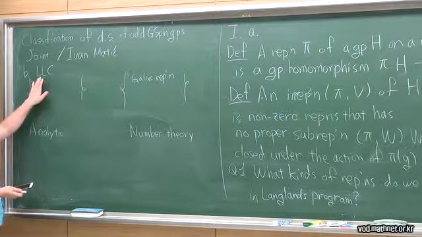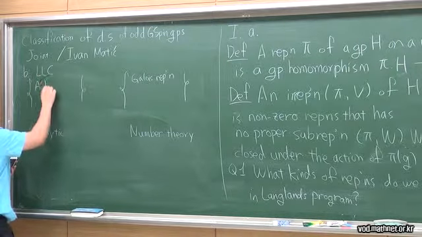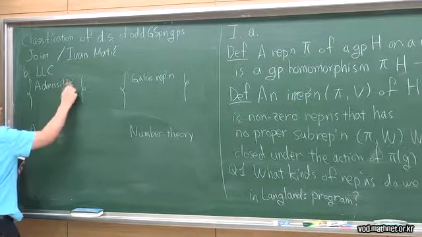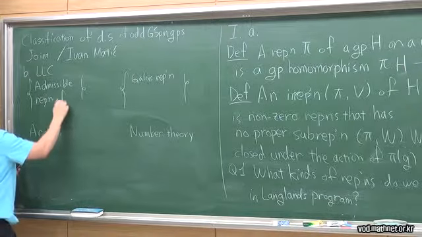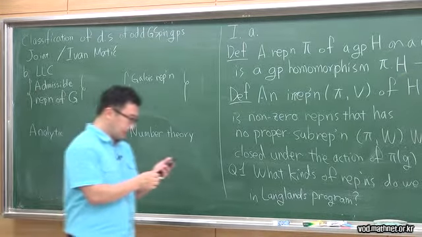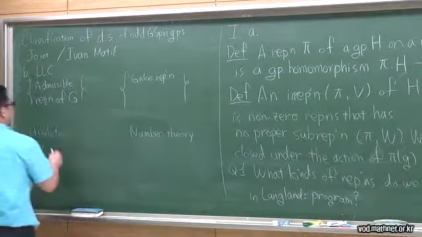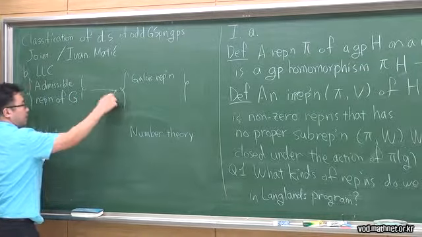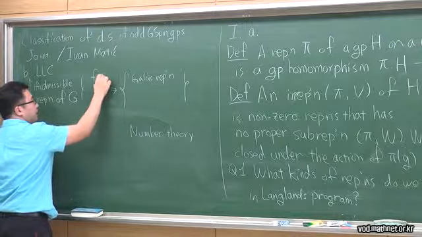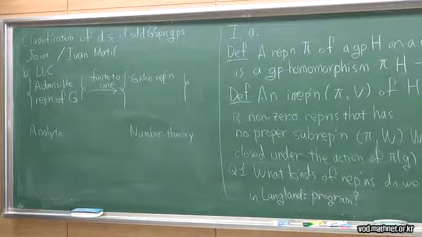But here, because we are going to consider only the local Langlands correspondence, the objects in the analytic side are admissible representations of the connected reductive group over a local field F. We usually consider the characteristic 0 case. Local Langlands says there exists a finite-to-one map from the analytic side to the number theory side. But this is a somewhat vague correspondence between the two.